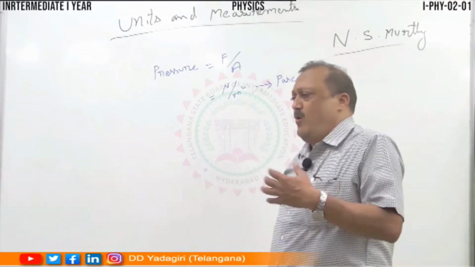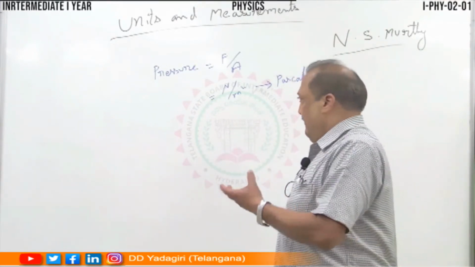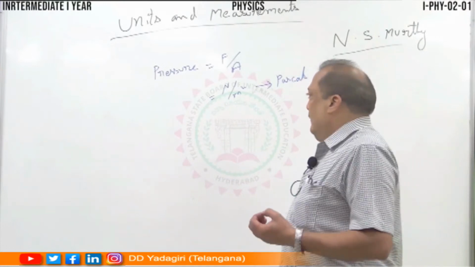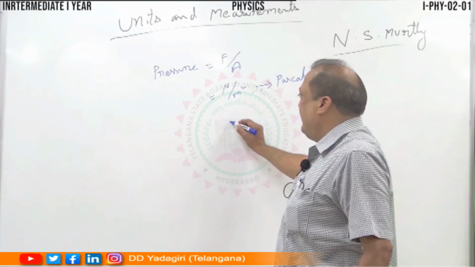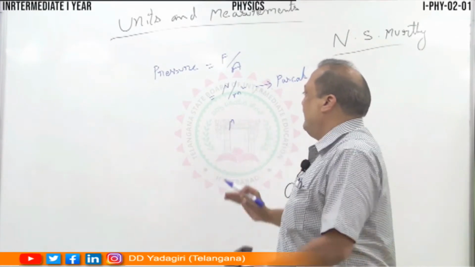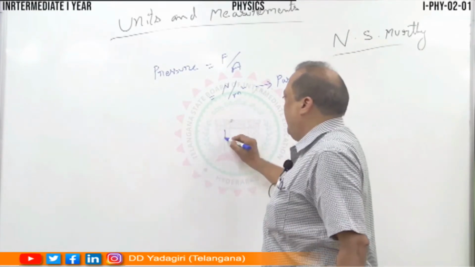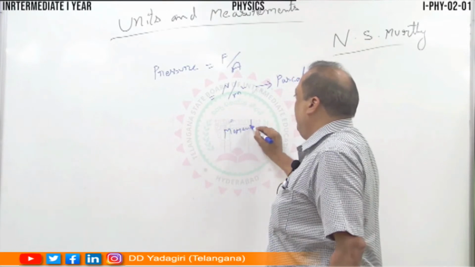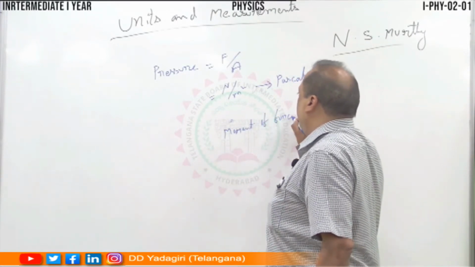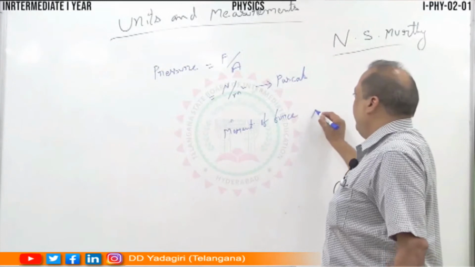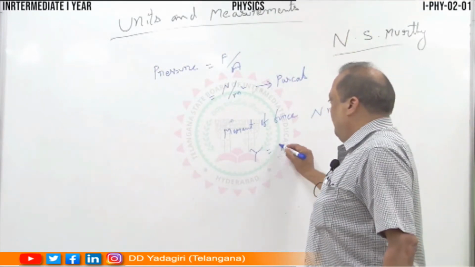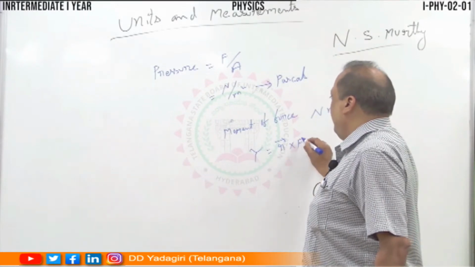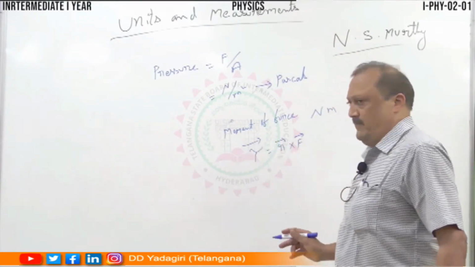In case of different physical quantities, there are different units. For example, moment of force in circular motion. We have a physical quantity, moment of force or torque. Its unit is Newton meter, because torque is equal to the product of force and perpendicular distance. This is a vector physical quantity.